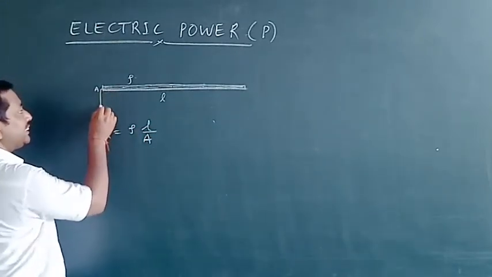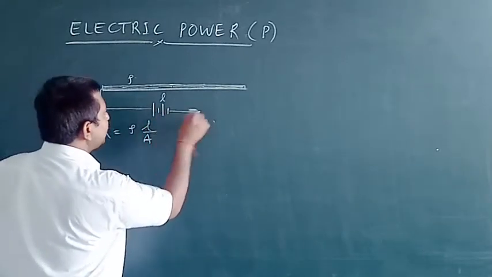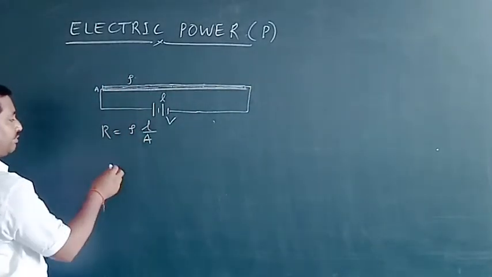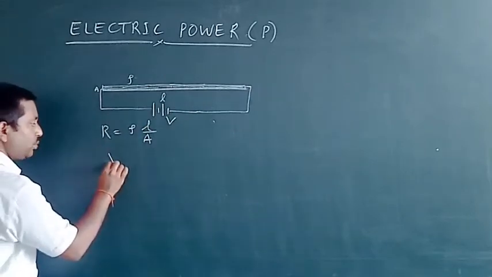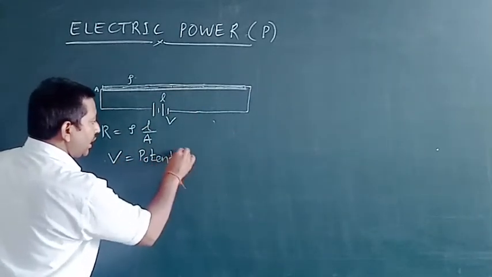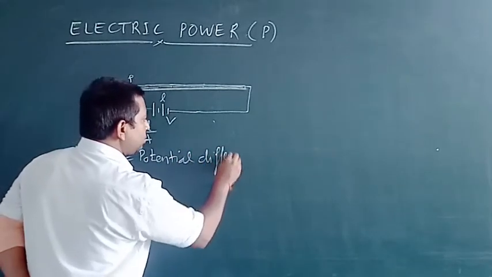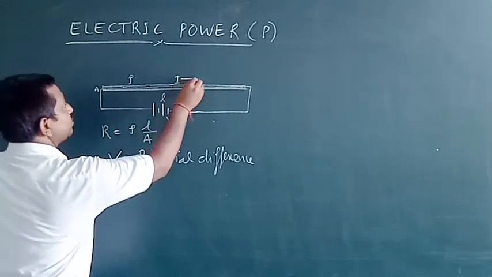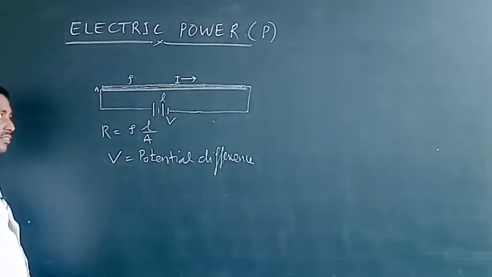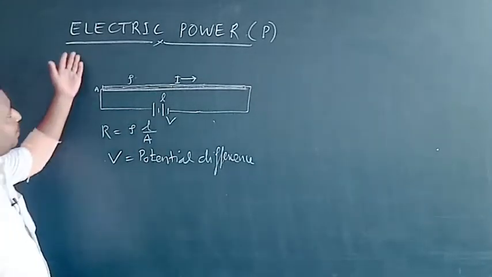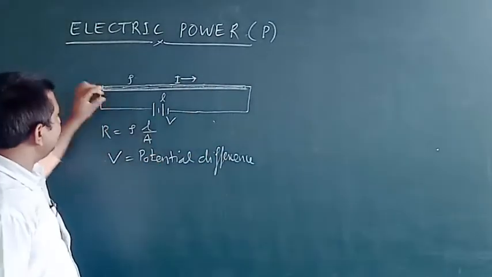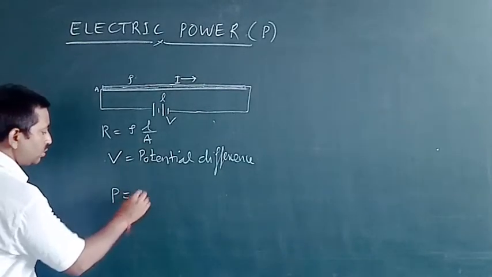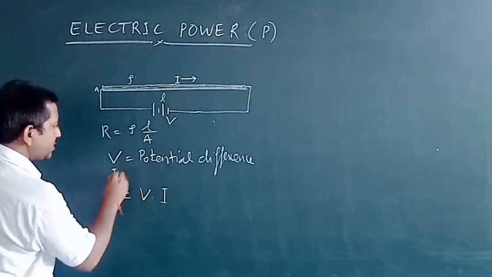Suppose that we connect this conductor to a potential difference of V volt, then the potential difference across the conductor's terminal is V, and due to this potential difference, if a particular current I is flowing through the conductor, then the electric power which is dissipated inside the conductor will be given by the formula P is equal to V dot I, where I is the electric current.